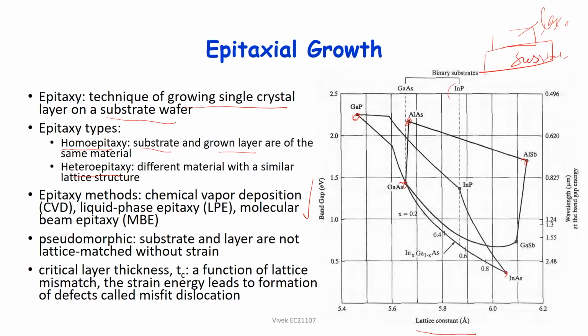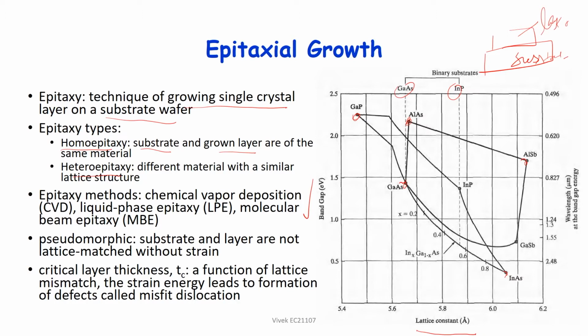Then you have indium phosphide here, gallium arsenide here. So to grow a particular material, we have to get it close. It is not that you can arbitrarily grow any material on any substrate. No, they have to be lattice matched, at least within a reasonable limit, so that strain is less.